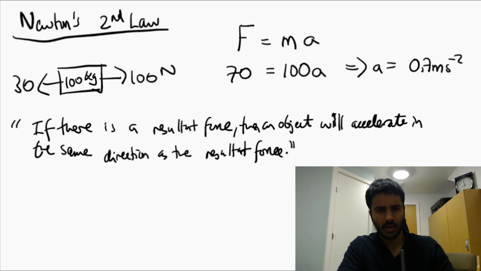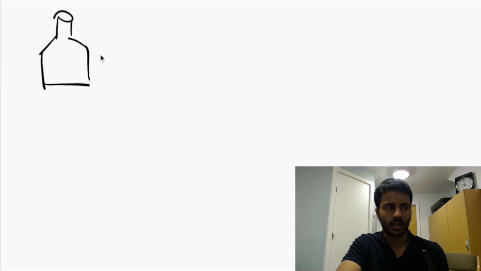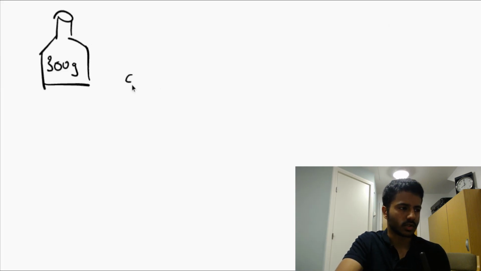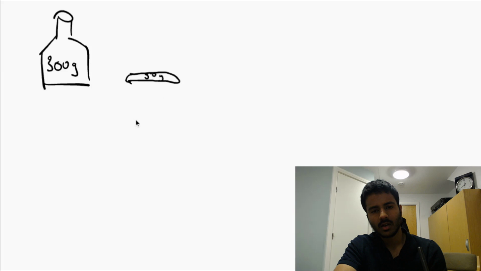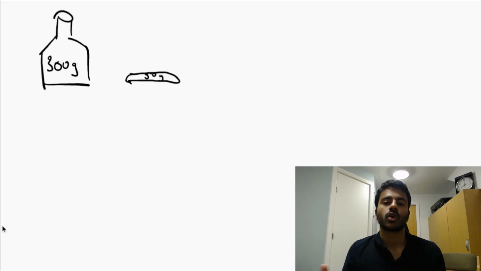So let's look at what that meant with our experiment at the beginning. So you had a metal water bottle, let's say it was maybe 300 grams. Let's say we had a pencil which I dropped at the same height, and that was, let's say, 50 grams. Now in an ideal case, which is going to be a lot of what your questions in your papers are going to be based on, we're going to ignore air resistance. So the resultant force acting on each of these bottles are just their weight.